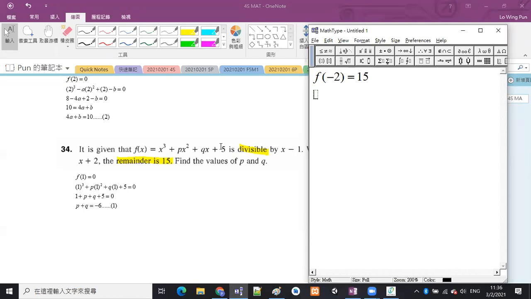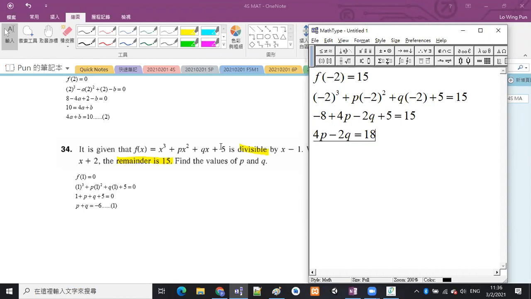So left hand side is negative 2 cubed plus p times negative 2 squared plus q times negative 2 plus 5, and it should be equal to 15. So negative 8 plus 4p minus 2q plus 5 is 15. And then 4p minus 2q is equal to 18. When you see all the numbers are even numbers, you divide every term by 2, like this. And then label this to be equation 2.